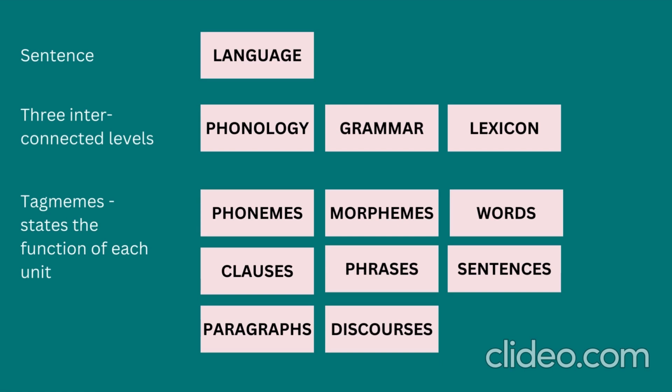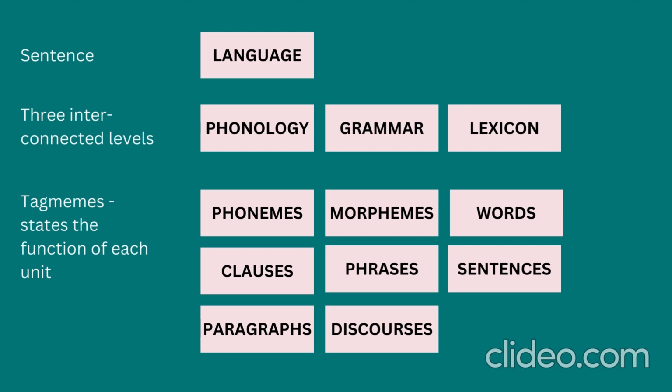They are phonology, grammar, and lexicon. You take any sentence in any language, it consists of these 3 interlocking levels: phonology, grammar, and lexicon. And these 3 levels can be further analyzed at simpler or smaller levels or units.